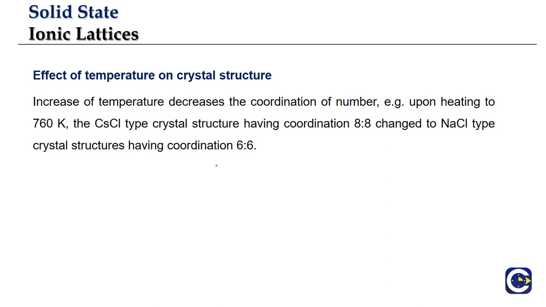Now the other two parameters which we will talk about are the effect of temperature or heating, and the effect of pressure. These are areas where we can have some theoretical questions. Generally when we increase temperature, these ions or particles start moving away. That will decrease the strength of attractive forces between the particles.